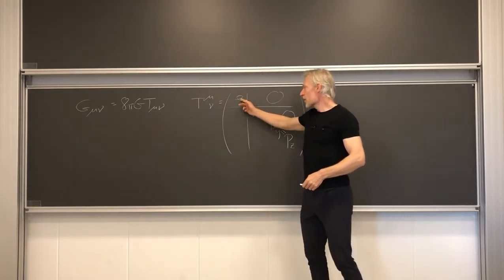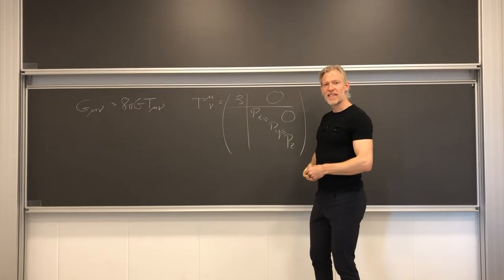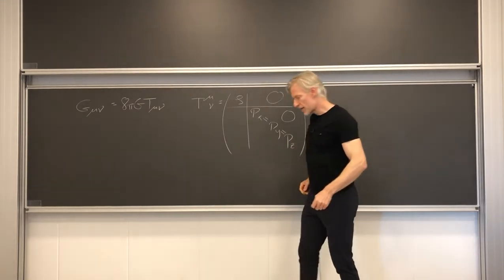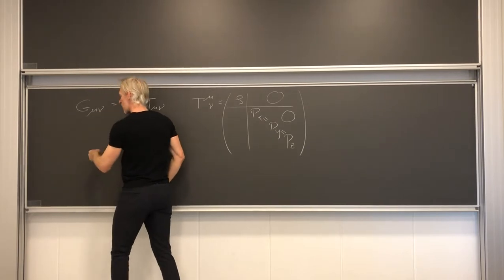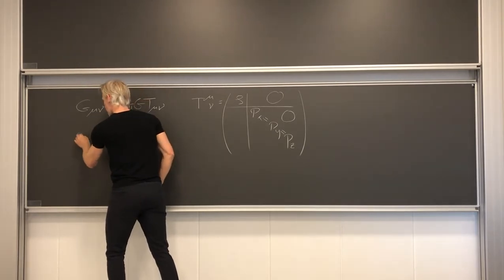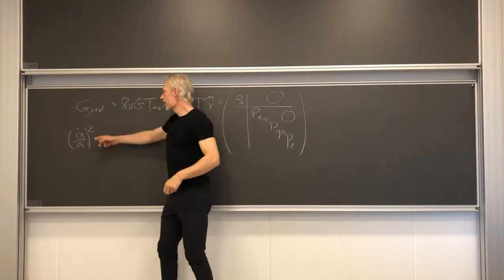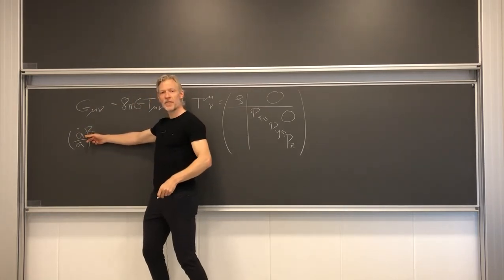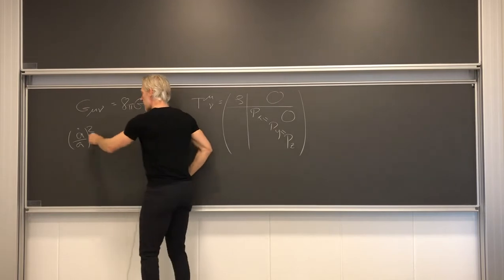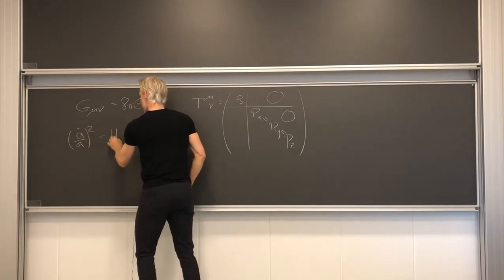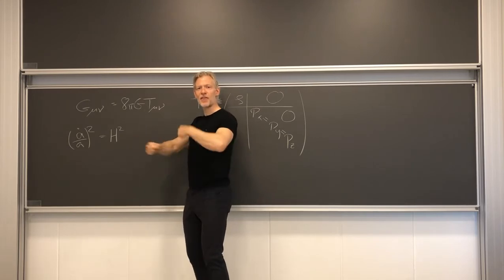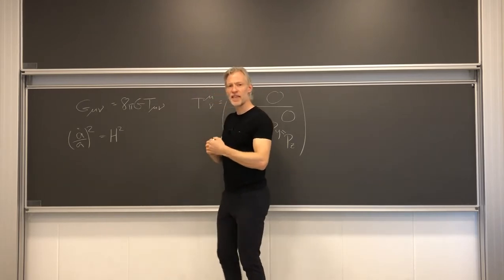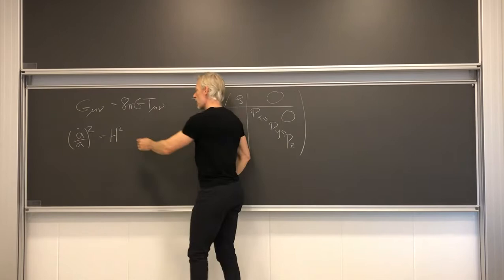Now, the one that we normally talk about in cosmology is the 0, 0 component. So let's just write that out. And like I talked about in the last video, what you get is a time differentiation of the scale factor, and this quantity is normally what we refer to as the Hubble parameter, so that's the logarithmic derivative of the scale factor, which is the Hubble parameter.